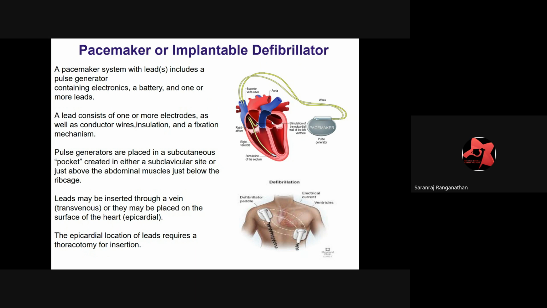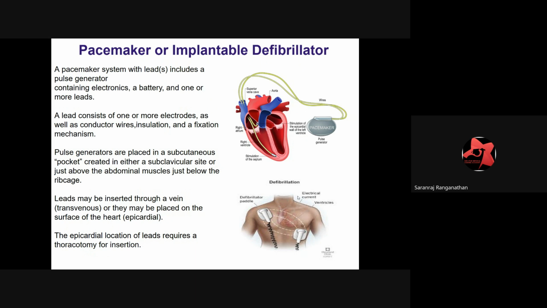Okay, and next one, defibrillation. Defibrillation means when do we use the defibrillation process? If a cardiac arrest or arrhythmia happens, in those scenarios we do the defibrillation process. For example, I have given this image. Like a pacemaker, an artificial defibrillator is also inserted into the body and it works like a pacemaker.